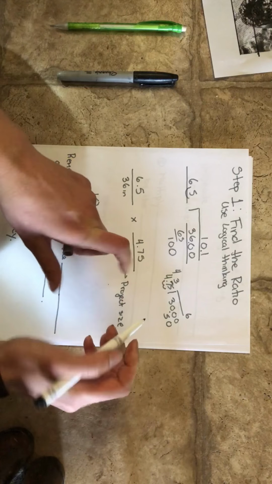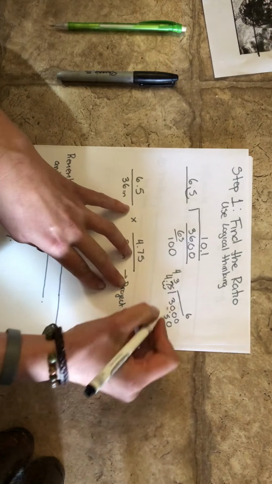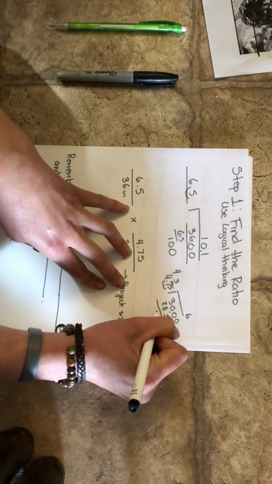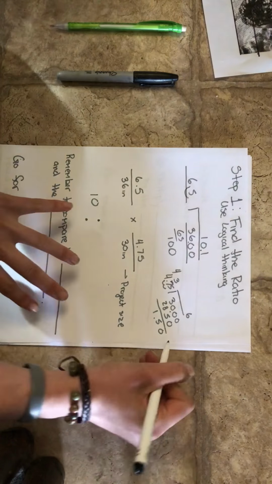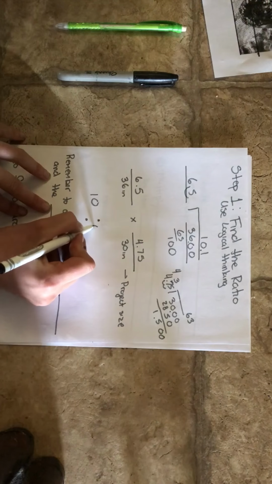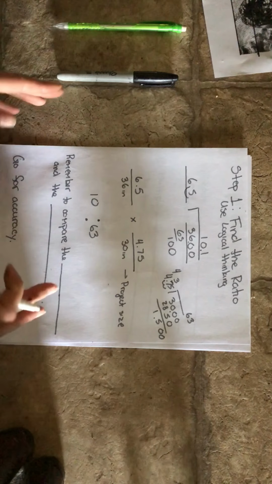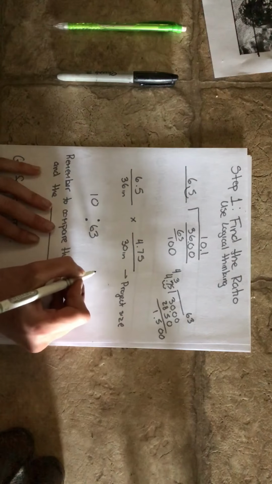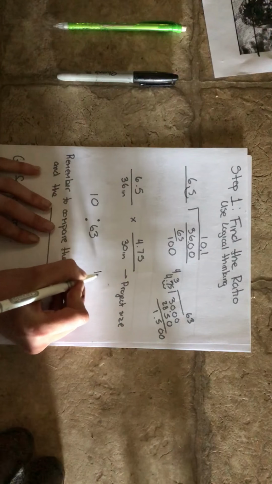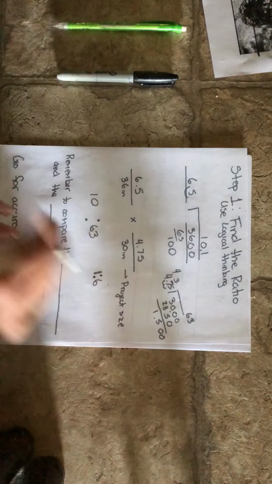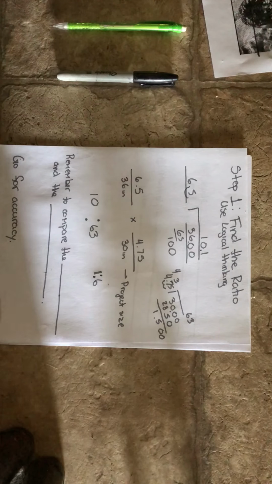What's 6 times 4? 24, plus 4 is 28. 150, we'll add a 0, we'll estimate that at 3, so 63, right? And we've got like a 10 to 63 ratio. That is crazy. We can simplify that to, let's just call it 1 to 6, okay? So this is just accuracy, and we're trying to make it easy for ourselves. And I'm calling it 1 to 6 because if I take this 3 and make it a 0, it's 1 to 6, okay?